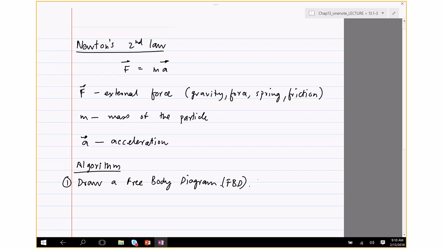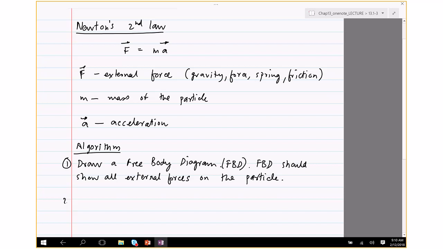So FBD should show all external forces on the particle. Okay, only the external forces. You're not allowed to show ma. ma, mass times acceleration, is not an external force, it's an internal force.